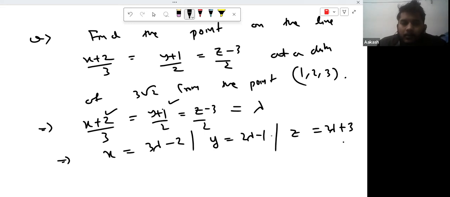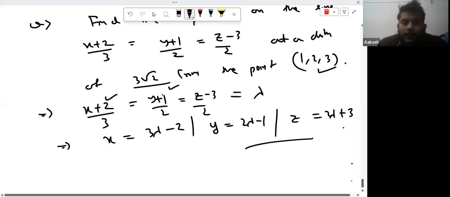Yes, sir. Now all you have to do is find the distance between this point and compare that with 3 root 2. Okay. Yes, sir. Find the answer.